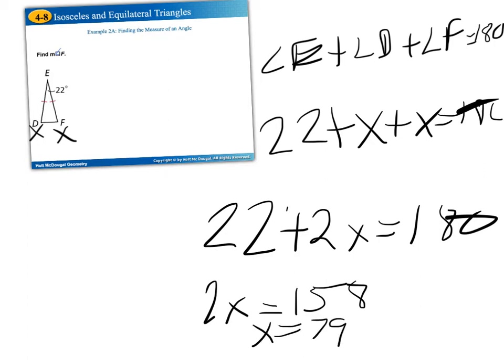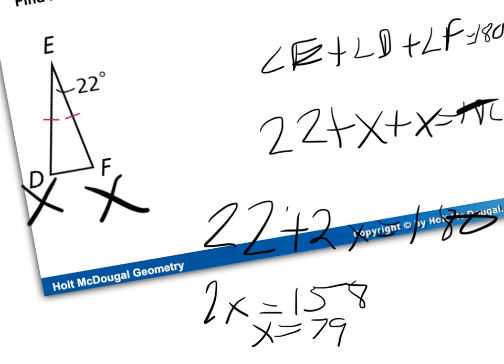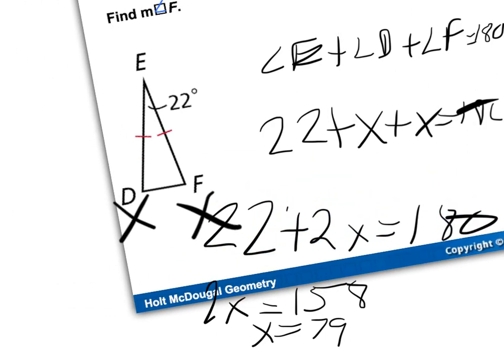Since X is just that angle, D is 79 degrees, and so is F. But they're only asking us for angle F. To make sure this is correct, let's plug in 79, 79, and 22 and add them together. You should get 180. You do, so we're good.